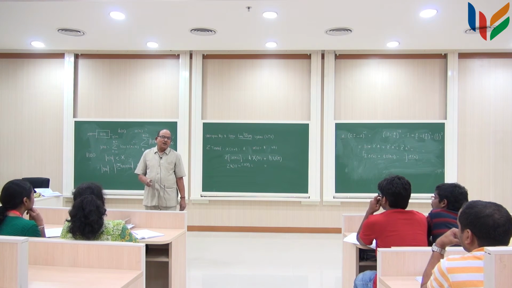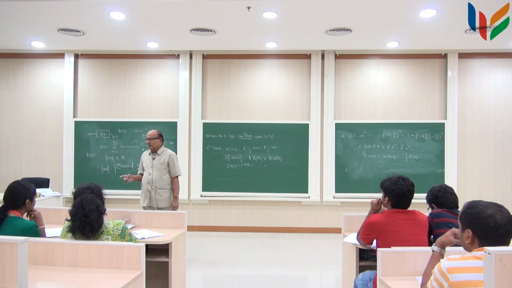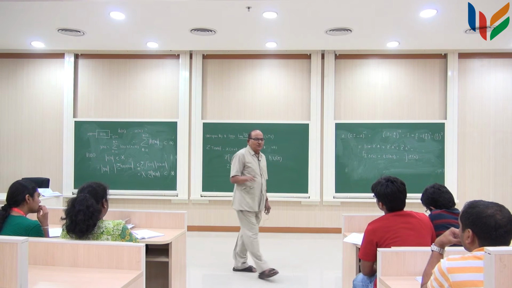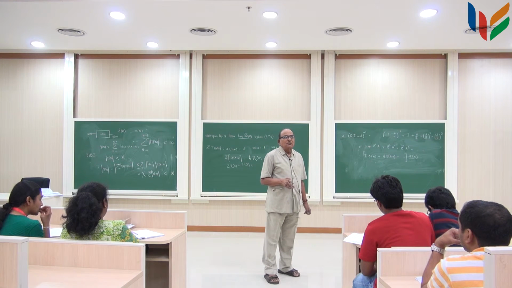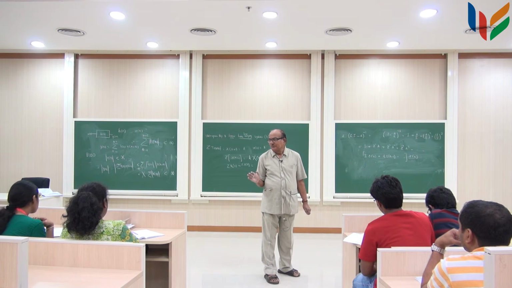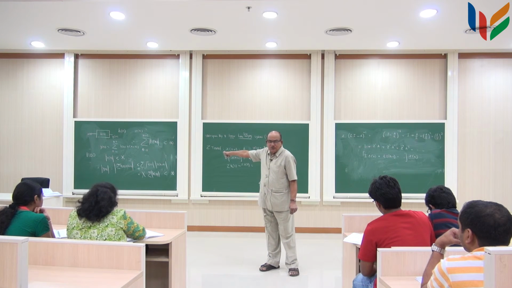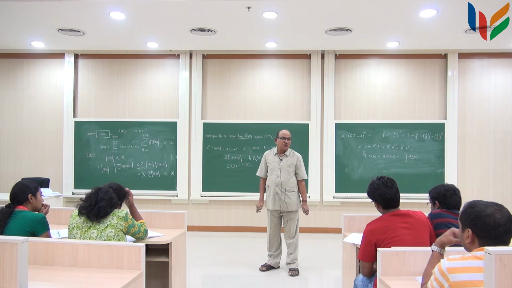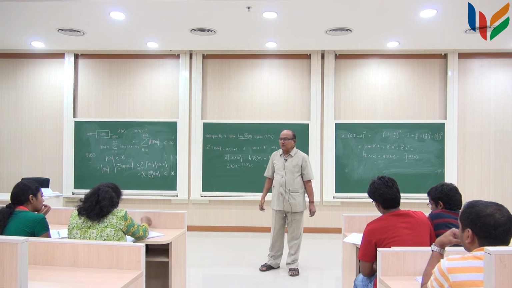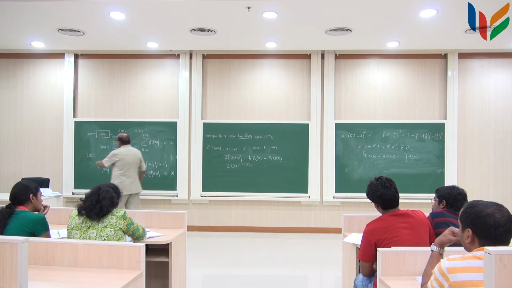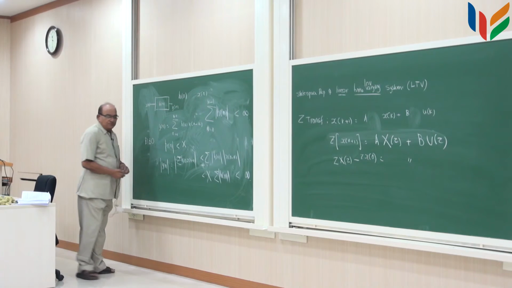If that is satisfied by the Z transform, then you are guaranteed that any input will give you a stable output. But that is not the same as just a simple one like this. The amplitude modulus must be finite, the summation of that. That's why it's called a limited BIBO stability.